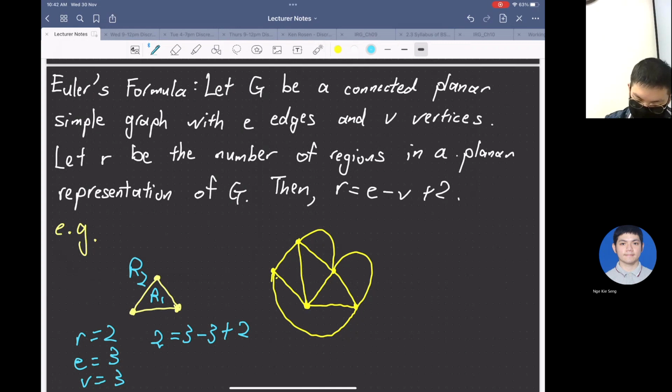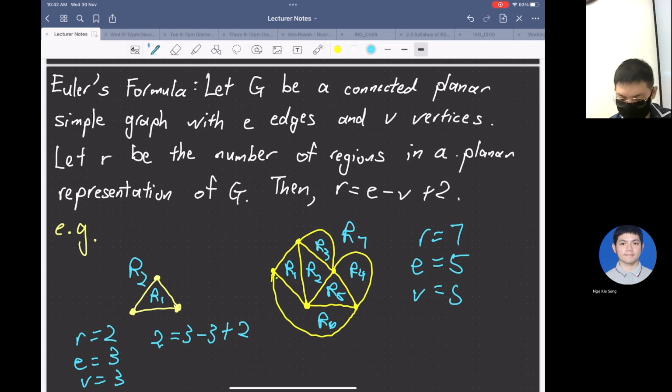You get R1, R2, R3, R4, R5, R6, R7. So R is 7. V is 1, 2, 3, 4, 5. E is 1, 2, 3, 4, 5, 6, 7, 8, 9, 10. So E is 10, V is 5. So 7 equals 10 minus 5 plus 2.